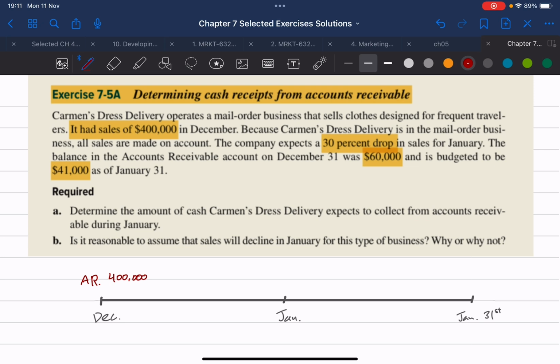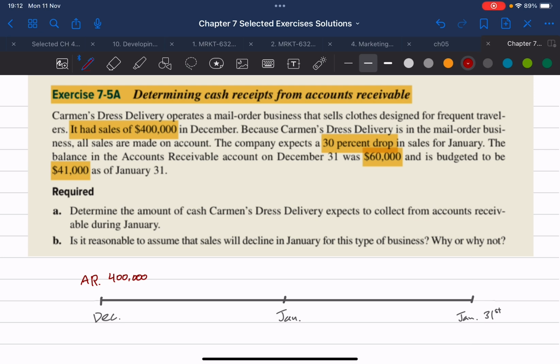Now they are going to have some sales in January as well, but the question did not give us the amount of sales for January right away. It told us that it's going to drop by 30%. So we're going to use our calculators here. 400,000, this was the sales in December.